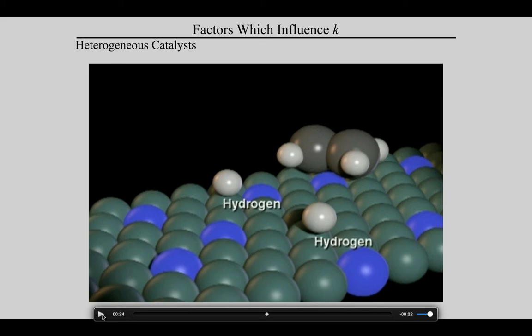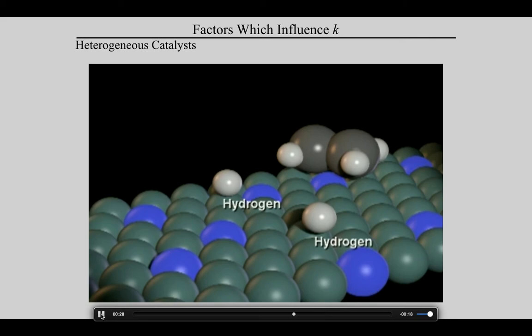But also notice that the same polarities that attracted the hydrogens also attracted the ethylene. And these molecules are attracted but still free to move. Bound to the surface, but able to move about on it.